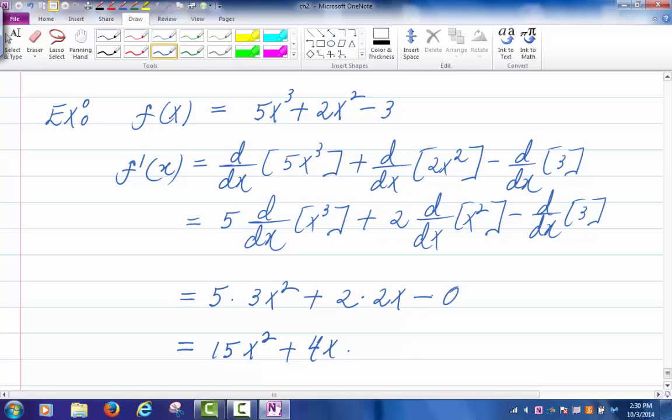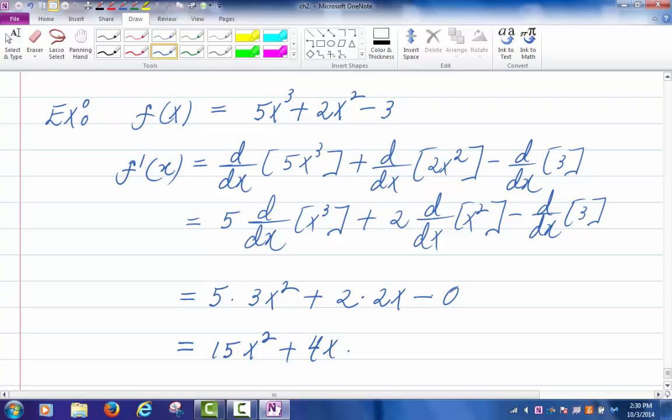Now, before any of you ask me, if I ask you to find the derivative of this function and you give me only this line, that's fine. In fact, that's what I hope you will be able to do after some practice. You don't have to write the intermediate steps.